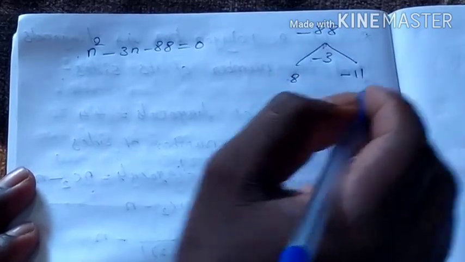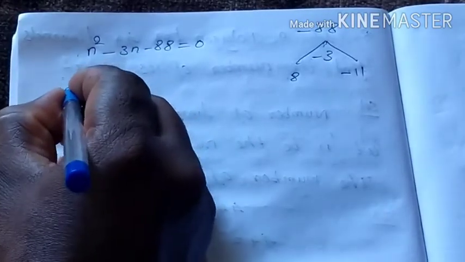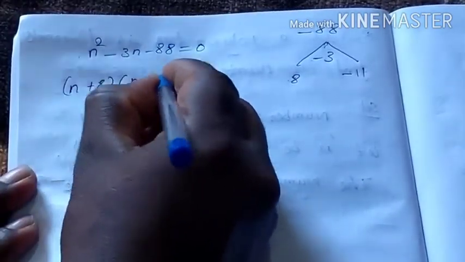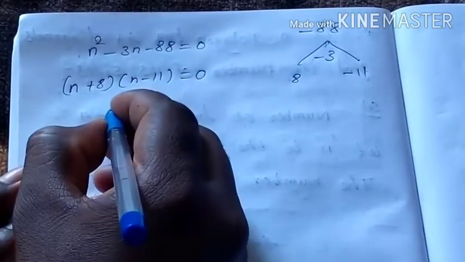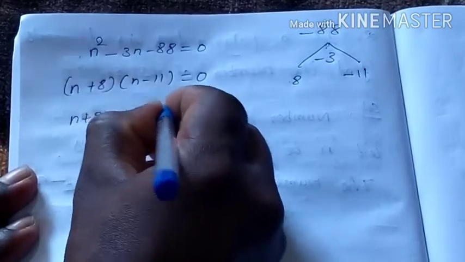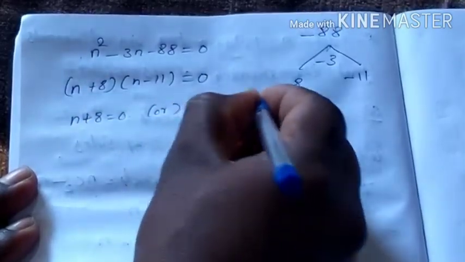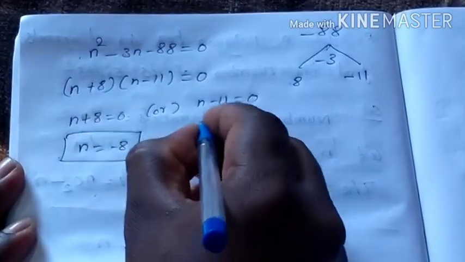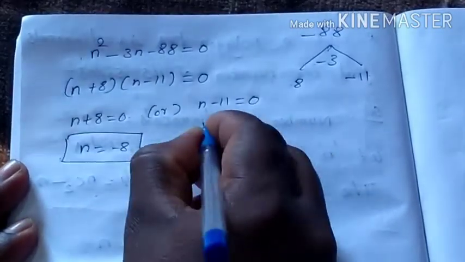That satisfies the condition. Therefore (n plus 8) into (n minus 11) equals 0. That is n plus 8 equals 0 or n minus 11 equals 0. So n is equal to minus 8 or n is equal to 11.